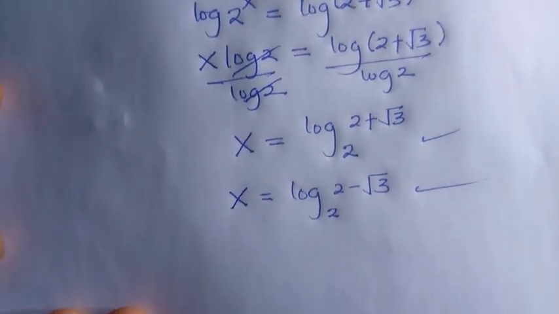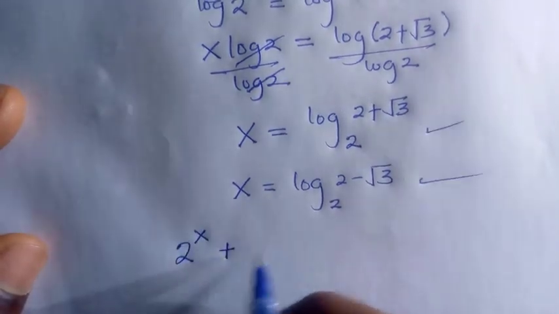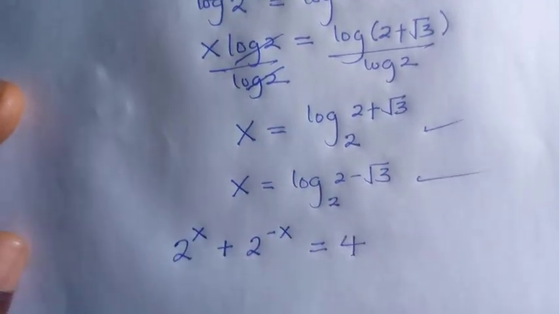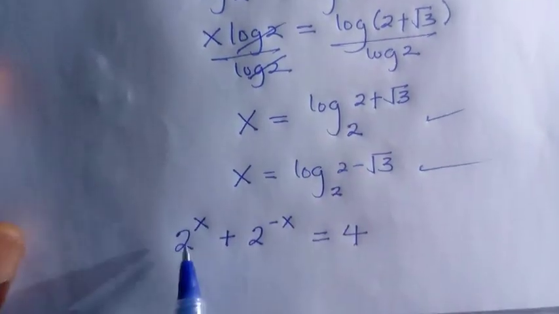If you consider the given equation, which is 2 to the power of x plus 2 to the power of minus x equals 4, let's substitute this solution at this point.